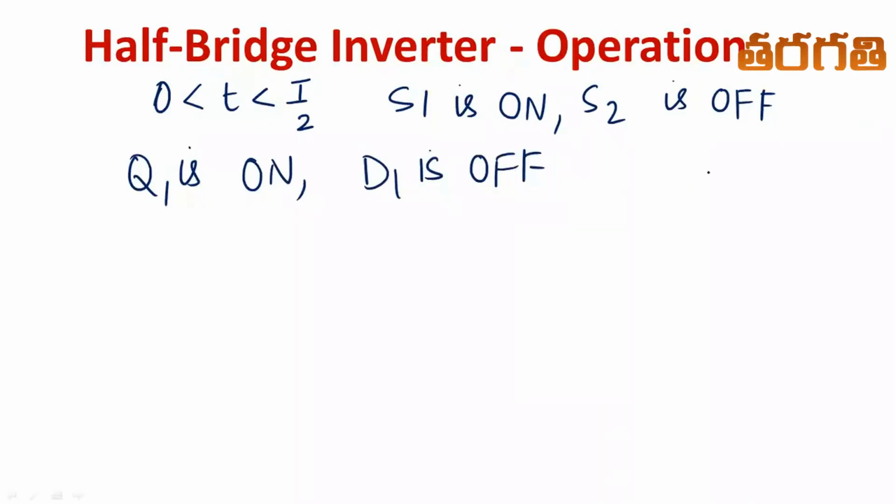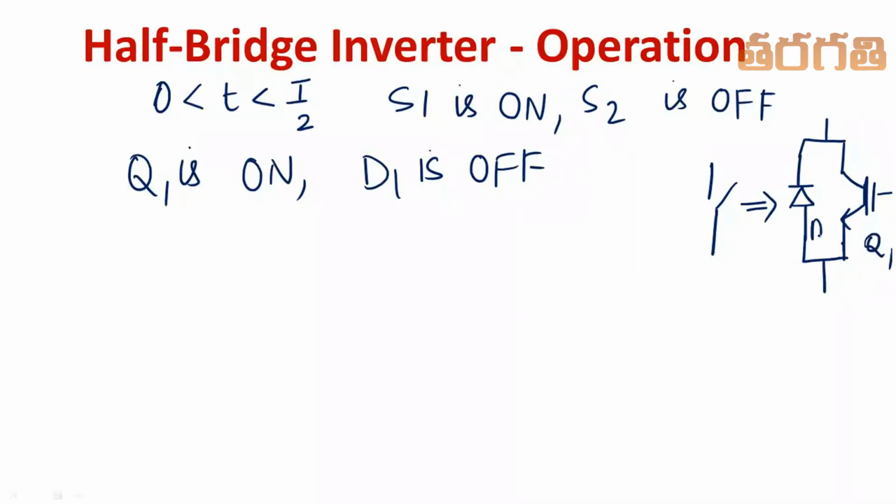This switch is realized with the help of a diode and a transistor connected in parallel, Q1 and D1.